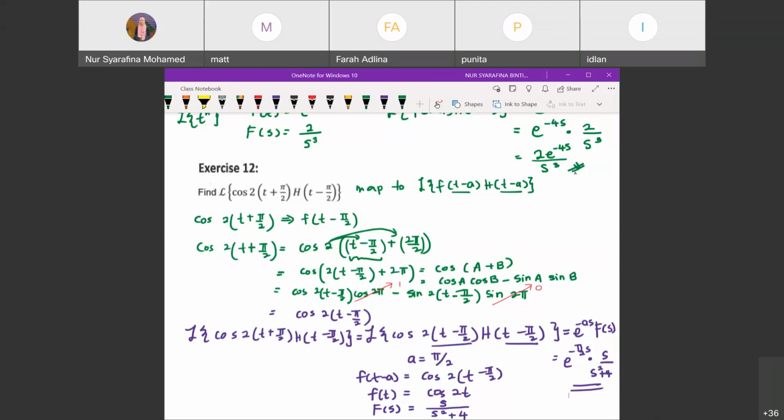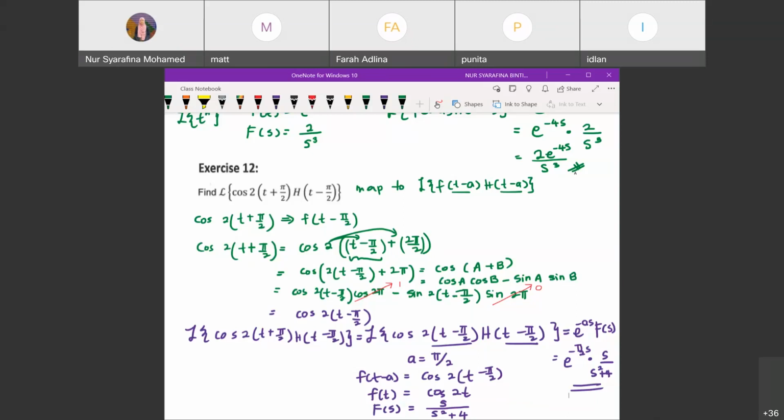Okay, so what we have learned so far is first a unit step function, and then you convert step function to unit step function, and then you know how to transform a unit step function, which is exponent negative a s over s.